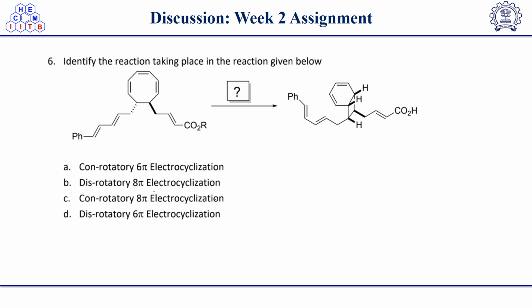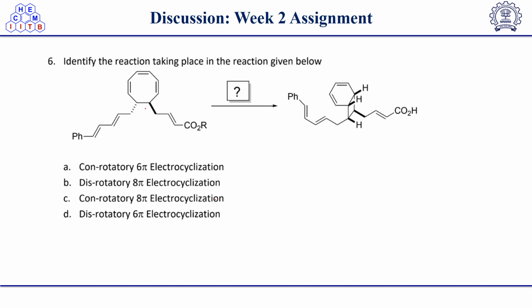And what will be the transformation, conrotatory or disrotatory? Here as we can see, both are having opposite stereochemistry, but in the product, in this 4-membered ring, this group and this hydrogen are oriented in the same direction.